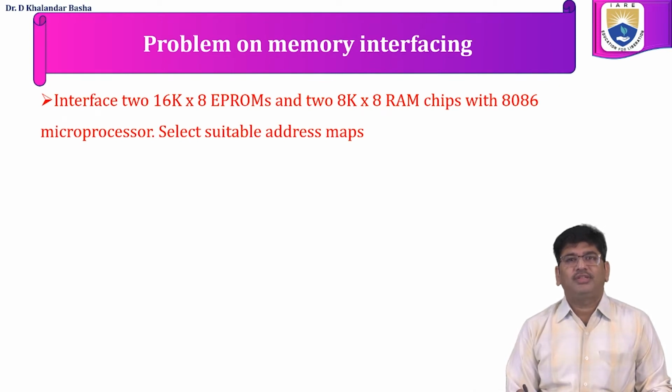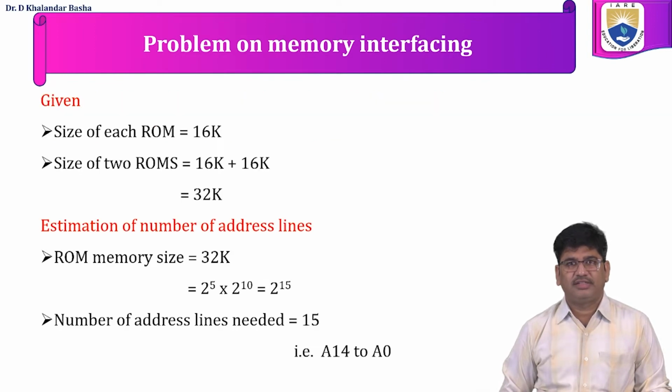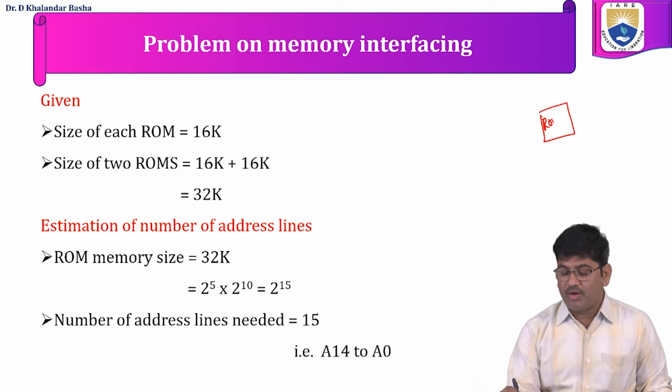Coming to the problem: interface two 16K by 8 EPROMs and two 8K by 8 RAM chips with the 8086 microprocessor. Select suitable address lines. First, we will compute how many address lines are required for the ROM address space. In the problem, the size of each ROM is 16K, and we consider two chips, ROM 1 and ROM 2, each of size 16K.